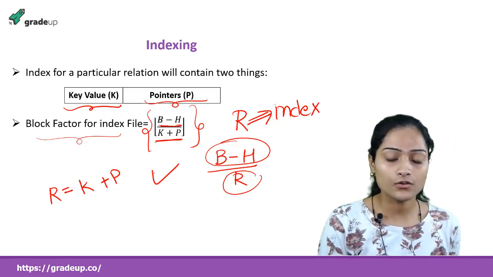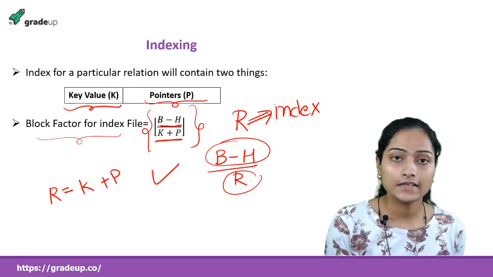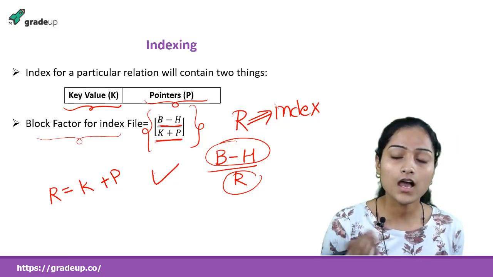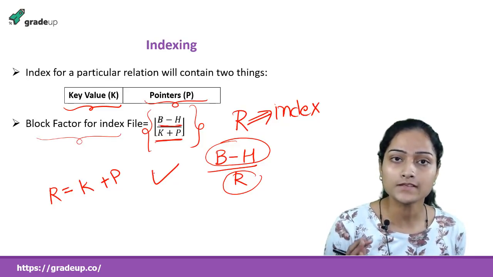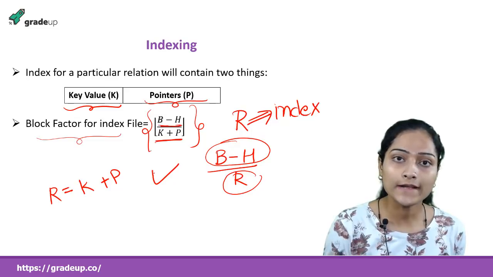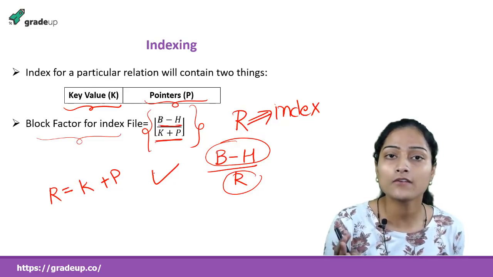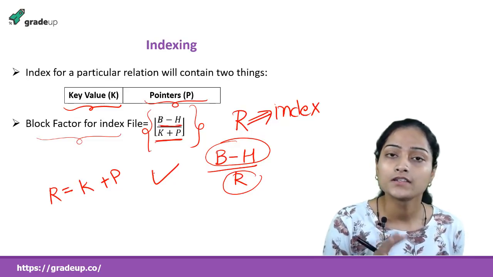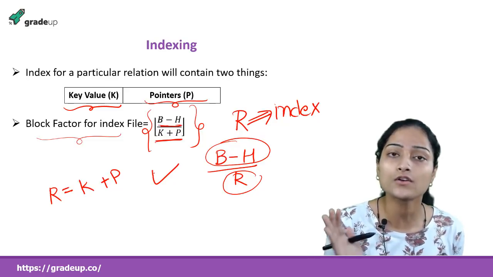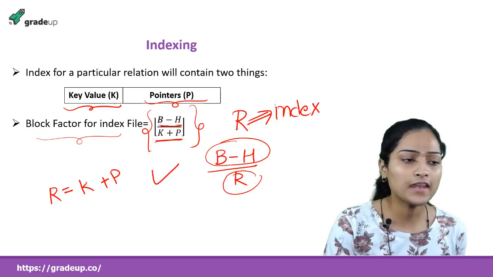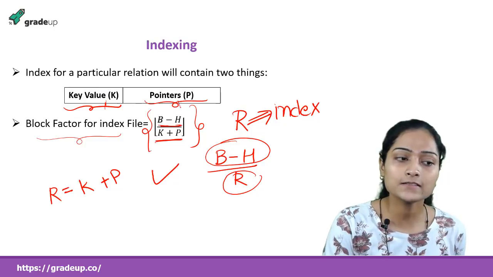One more thing I want to tell you: your relation R is going to have so many tuples. The record size will be quite large over there. Suppose you have 5 or 6 attributes, then you have to sum all those attributes for calculating the record size. The record size will be very large. But in an index, you are going to have only two things: one is the key value and the second is the pointer.